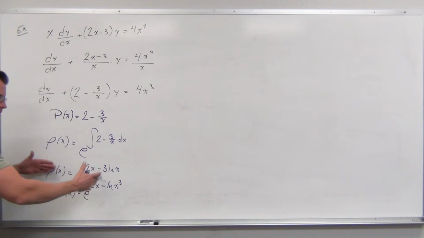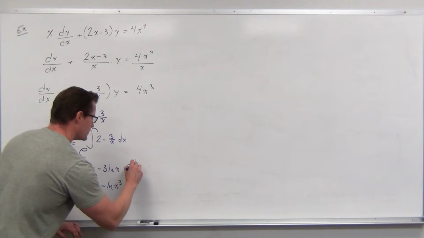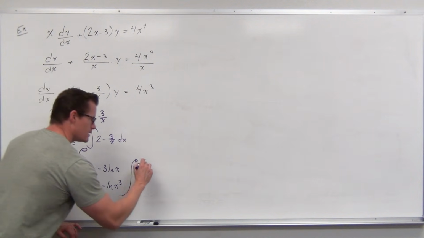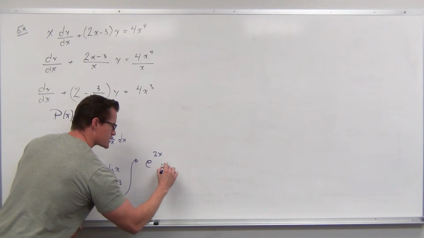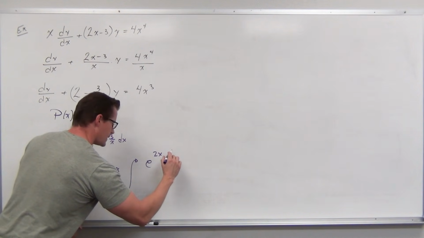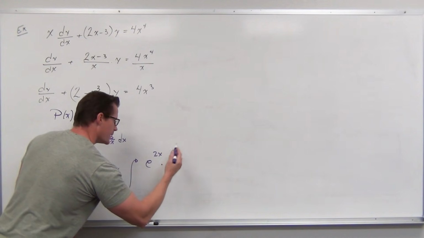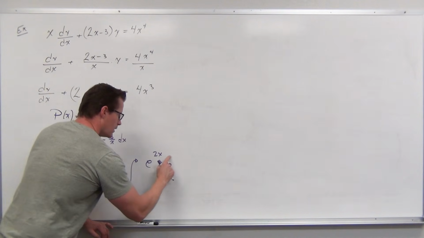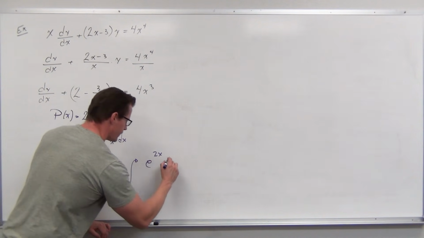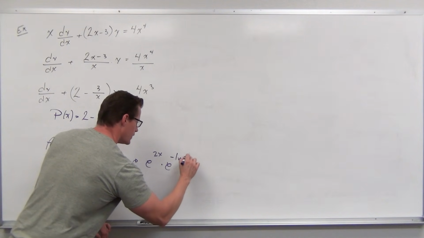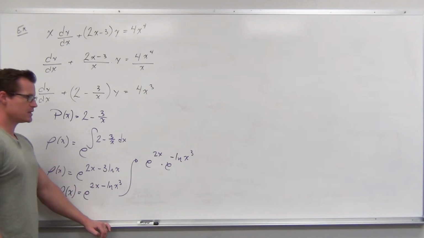And we can also separate this. So we could do e to the 2x times e to the negative ln of x cubed.